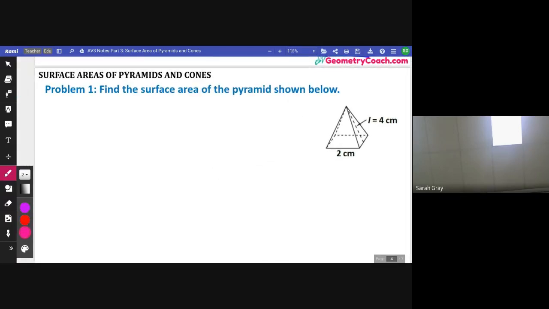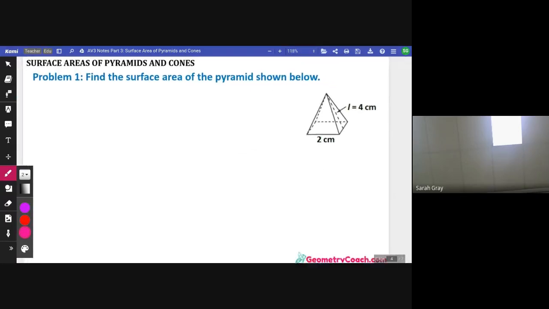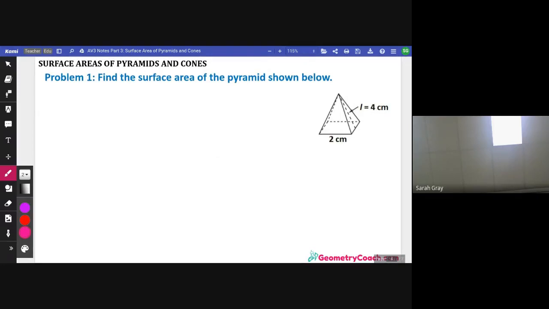Alrighty, let's do this example where we have, see now, a slant height of 4. And this would be a cursive L, because when you write cursive letters, you write them at an italic, so they're slanty. Slant height of 4 and base of 2. I'm going to draw out the net because that's the way I work.